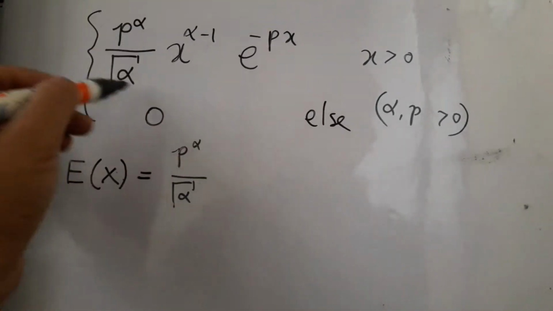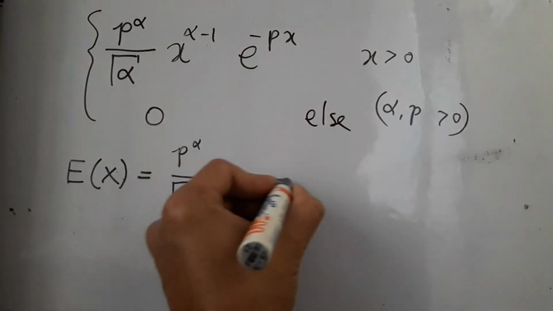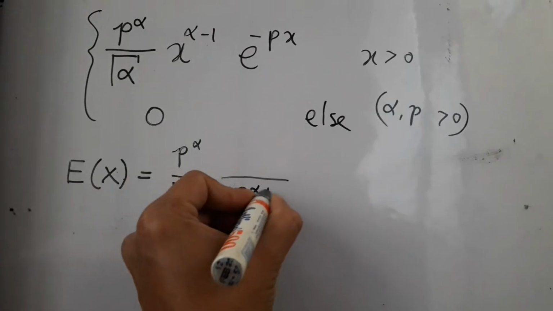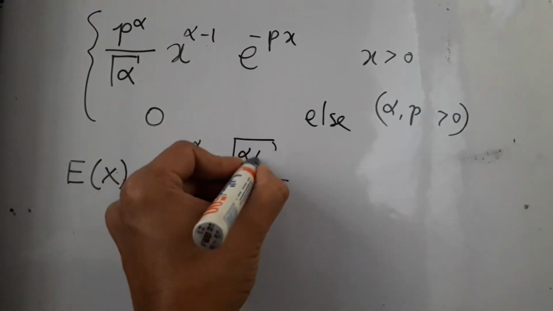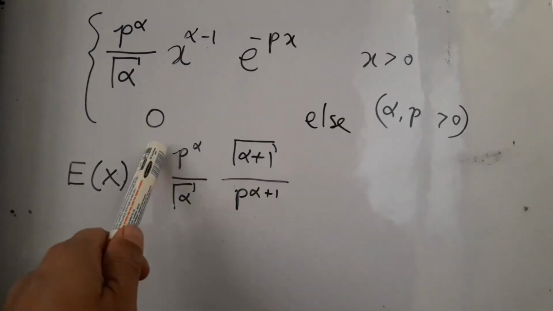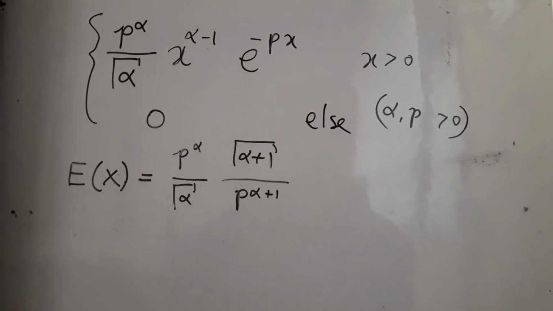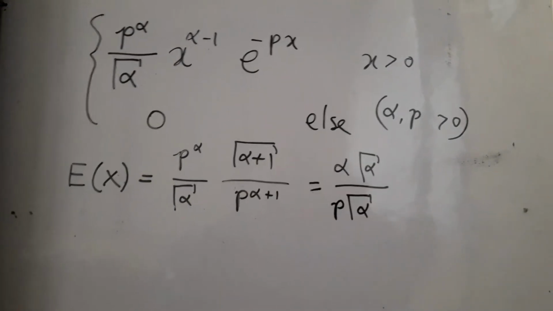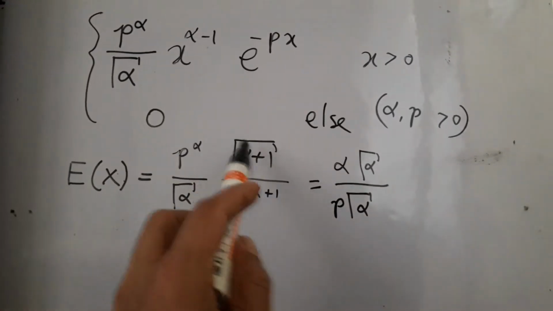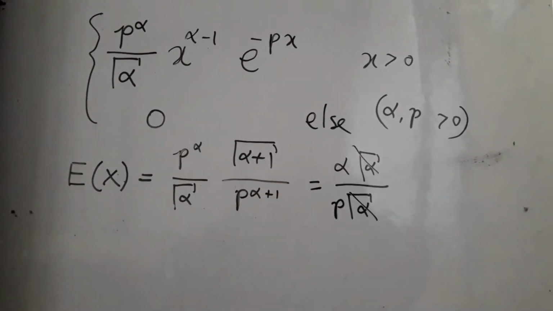It will be the reciprocal of this, but with alpha replaced by alpha plus 1, p to the power alpha plus 1 over gamma alpha plus 1. One cancellation is immediate, and also we know from the property of gamma that gamma alpha plus 1 is alpha times gamma alpha, so this will also cancel, and you are left with alpha upon p.